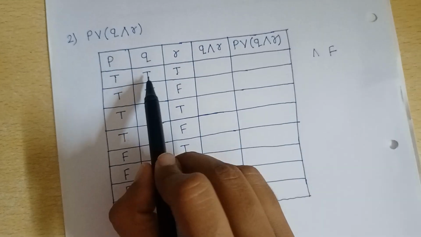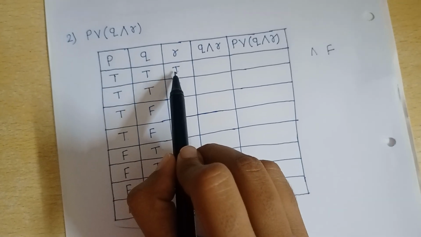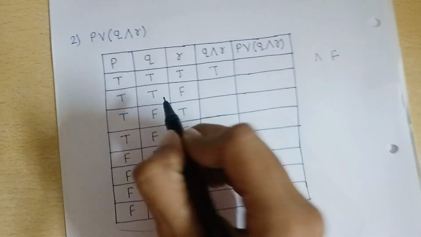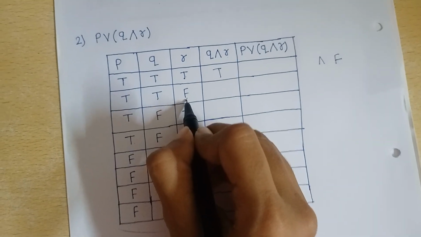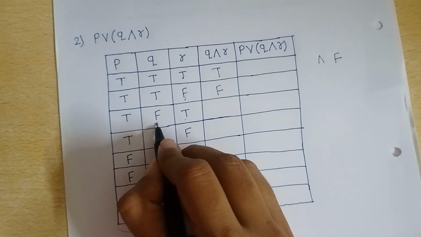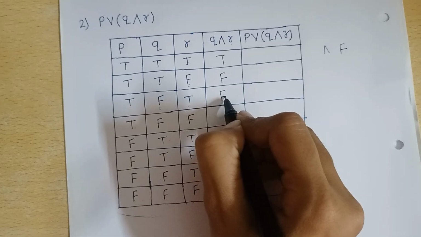We are seeing here Q and R: true and true becomes true, true and false, one false is present, therefore the result will be false. Here also false is present, result will be false.